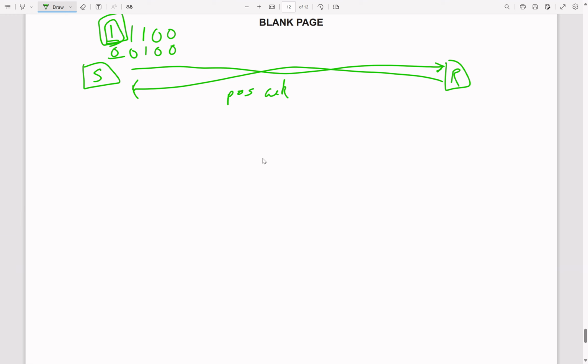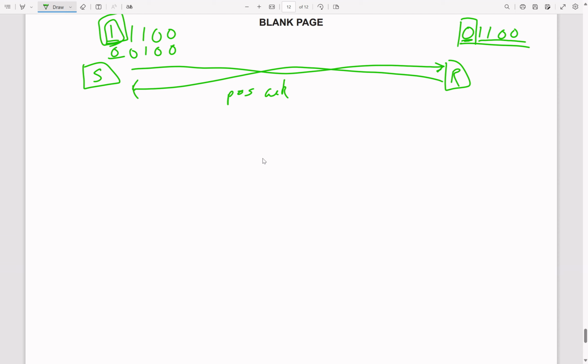However, let's say the receiver receives the data and it's this. Here it's going to check this and think this parity bit should be a 1. So either some of these bits have been corrupted, or this parity bit itself has been corrupted. So it's not going to be correct.